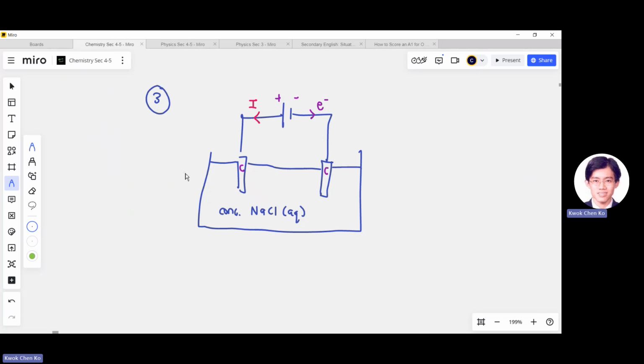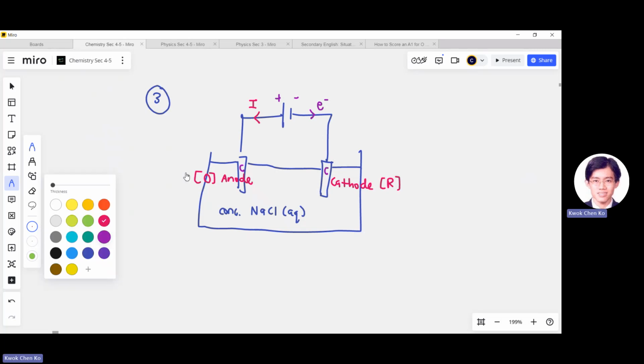Who is cathode? Who is anode? Left is, yes, good. Left is anode, because at the positive terminal electrons are removed. Loss of electrons means anode. Anode means oxidation. The other one is, of course, cathode, which always links to reduction.